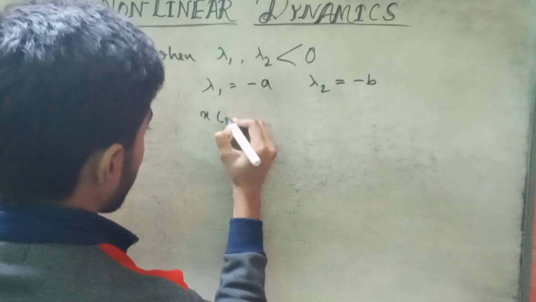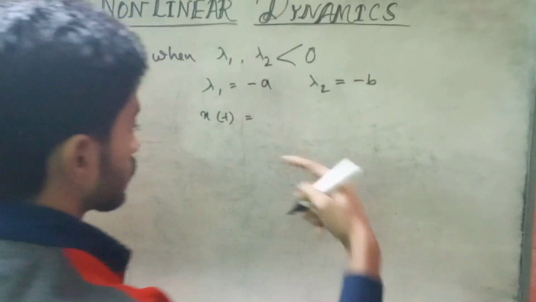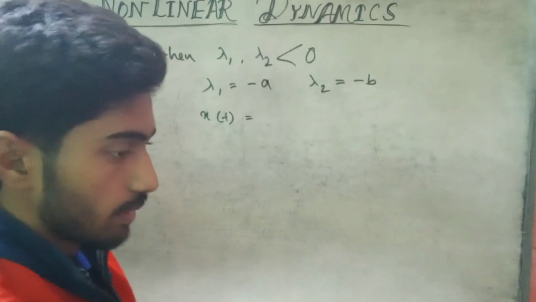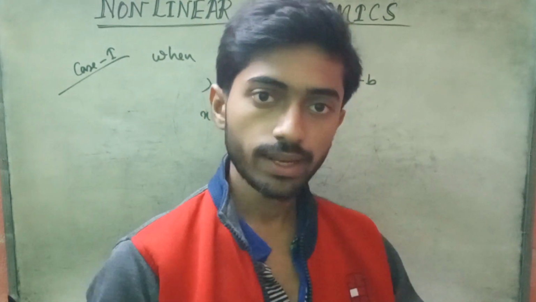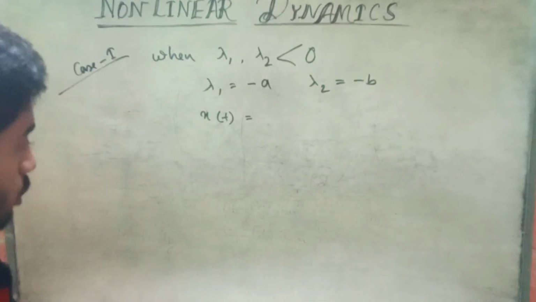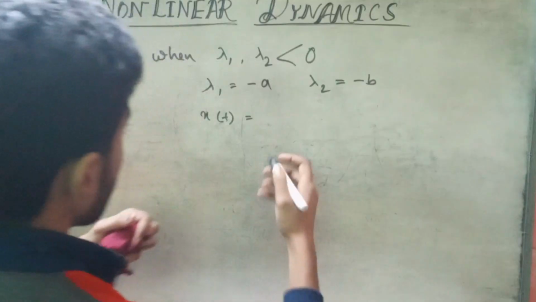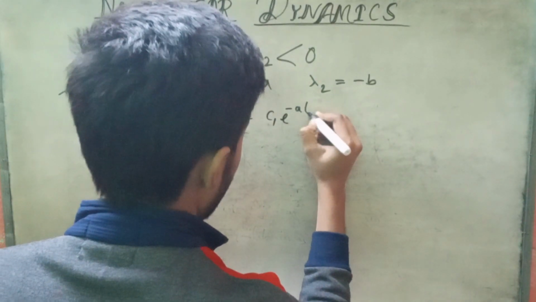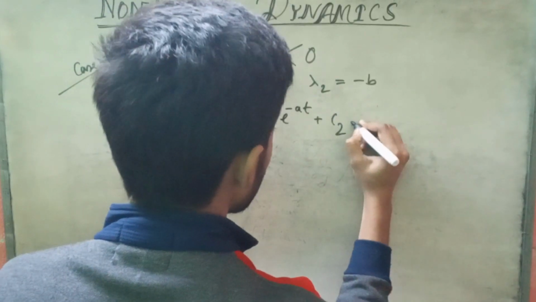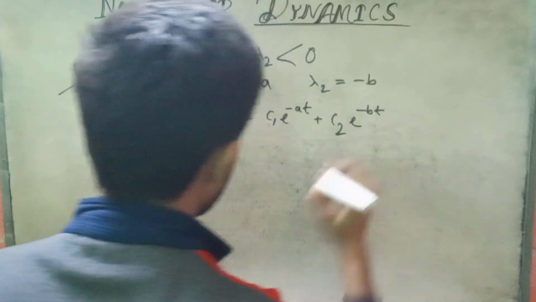So we can write that x(t) equals the solution of the linear differential equation, because we linearized the nonlinear system, right? So the solution of the linear differential equation is c1 e to the power minus a t plus c2 e to the power minus b t, right?